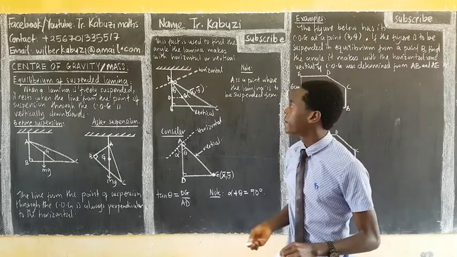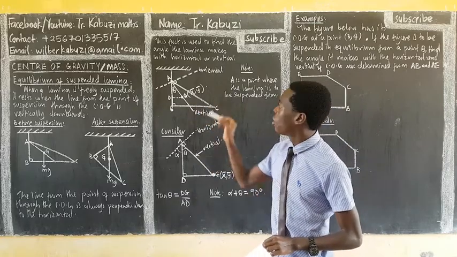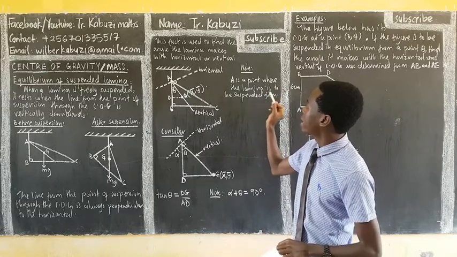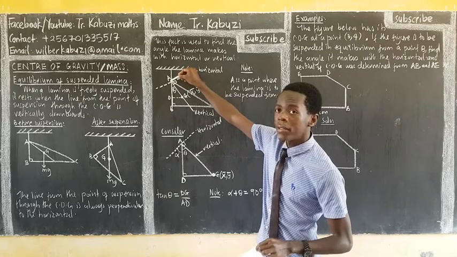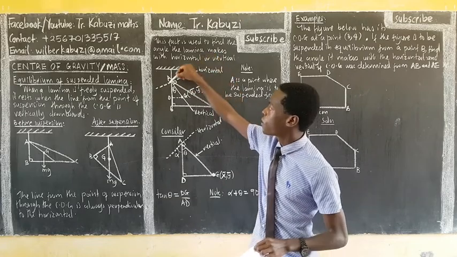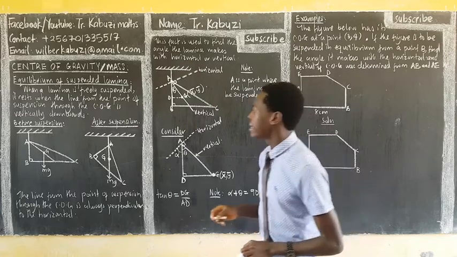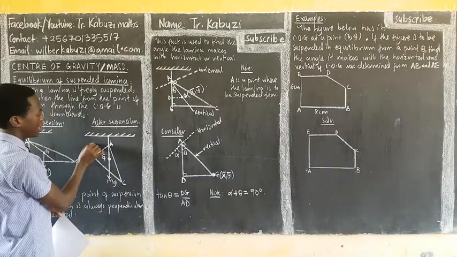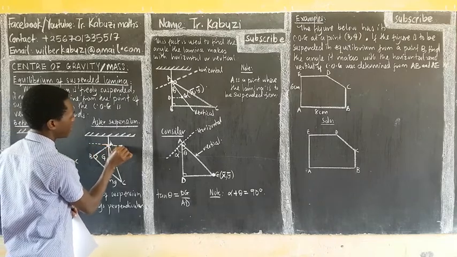It's going to be the line next to the horizontal, where B is the center of gravity of that lamina. There, A is the point where the lamina is to be suspended. So this vertical line is from the point where it's suspended from, and the horizontal also passes through that same point there. As I can show you from here, I think you can see that it's passing through that point.